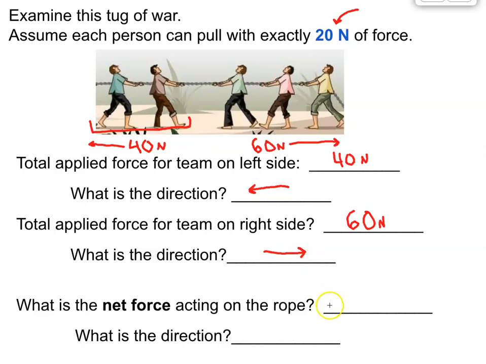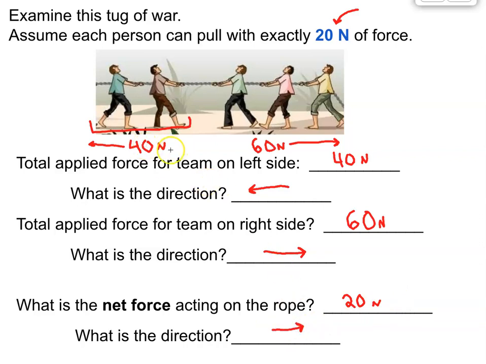Now, you can think of it like this. What would be the net force acting on the rope? Well, you can think of it as they kind of cancel each other out. So if we have 40 newtons of force going towards the left and 60 newtons going towards the right, we would have 20 newtons of force left over, moving towards, well, let me add my units, 20 newtons of force moving towards the right-hand side.